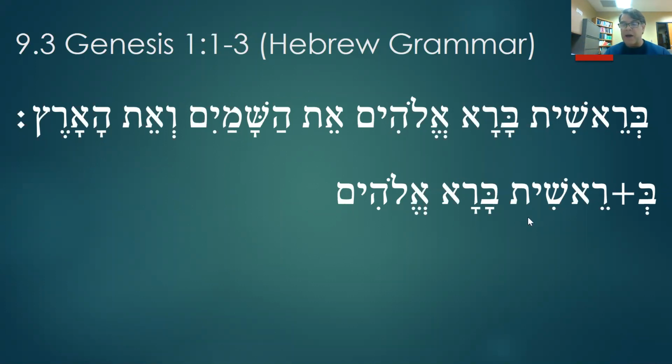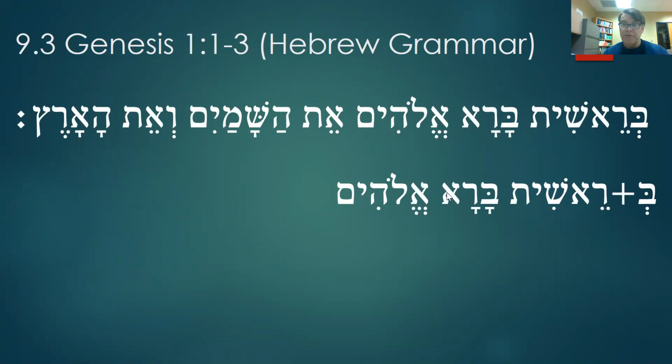But it is certainly possible to translate this as "in beginning of God creating," although again, it's debated what exactly the connotation is there, but it's not a straightforward "in the beginning." I will say at least that.